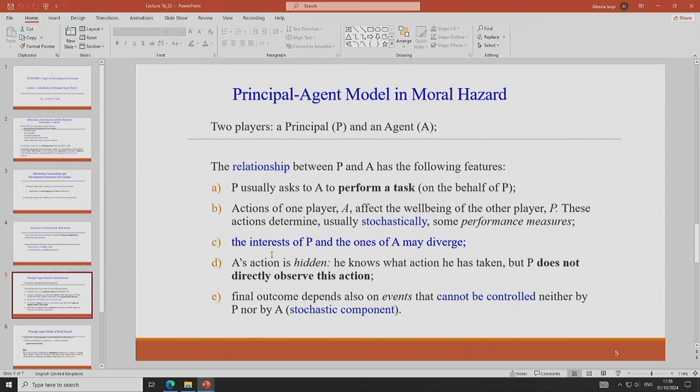Though there might be some prior communication, it can be classified as cheap talk, so not something that eventually is going to influence the relationship.